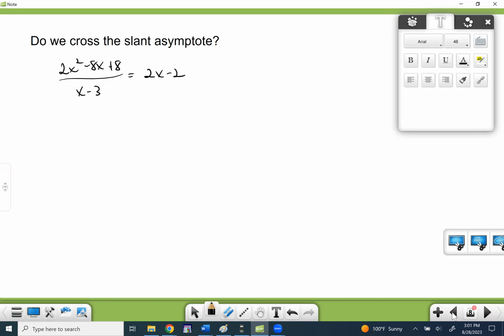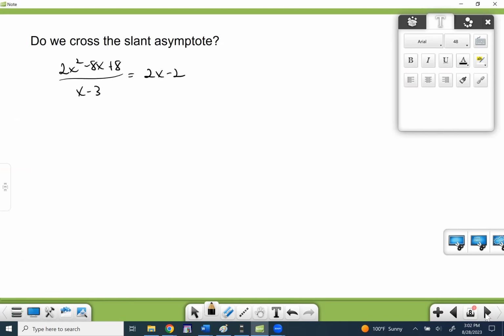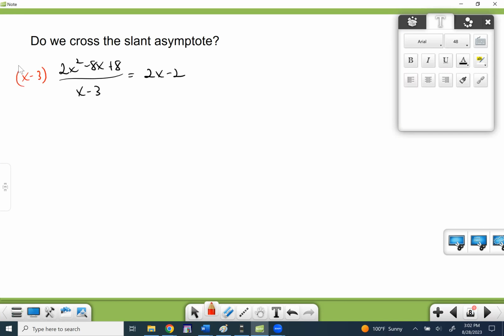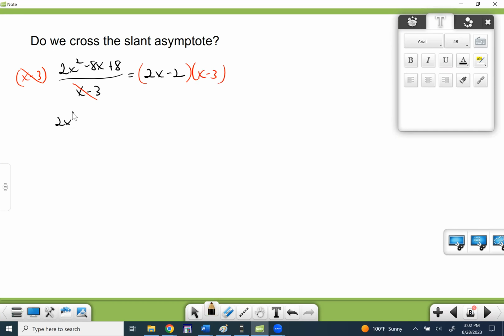Just make sure I copied everything down right from memory. Yep, okay. All right, so we would multiply both sides by the denominator to make the denominator go away. So that leaves us with 2x squared minus 8x plus 8.